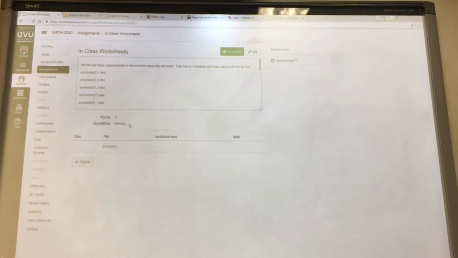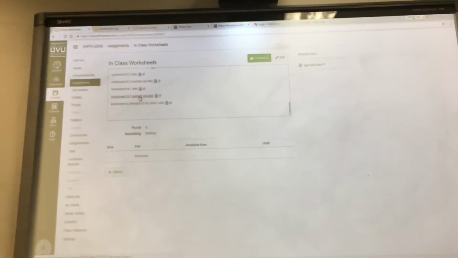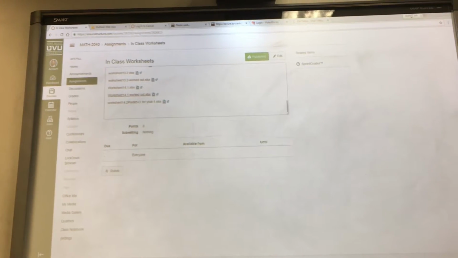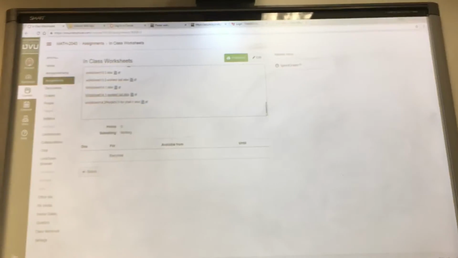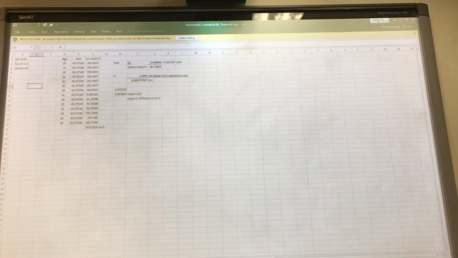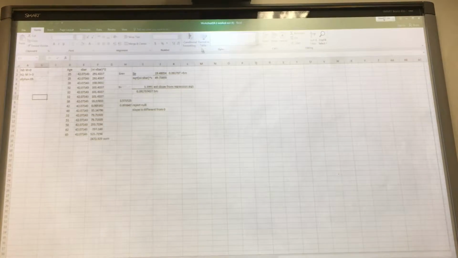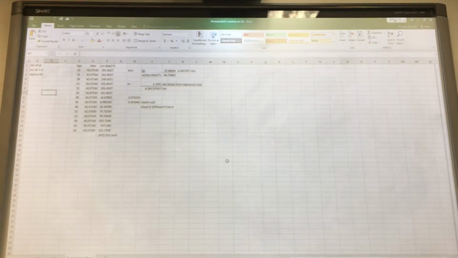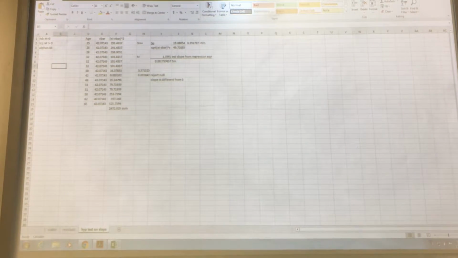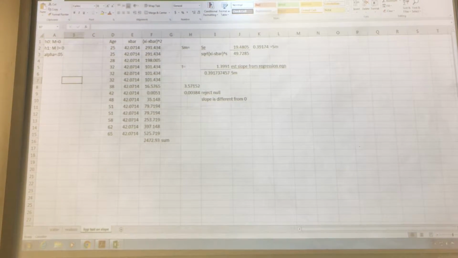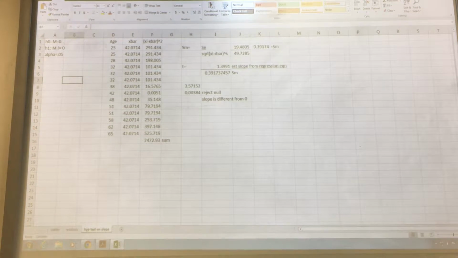Class worksheets, 14.1 worked out. Trying to remember. Okay, I think this page has everything that we need. Okay. So if we look at this, basically I need my M.